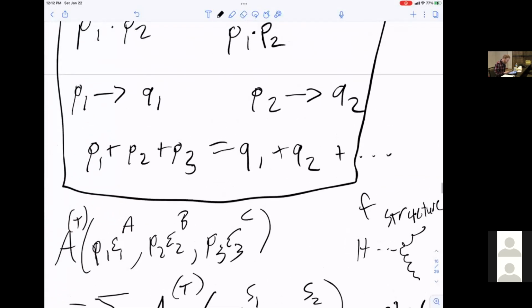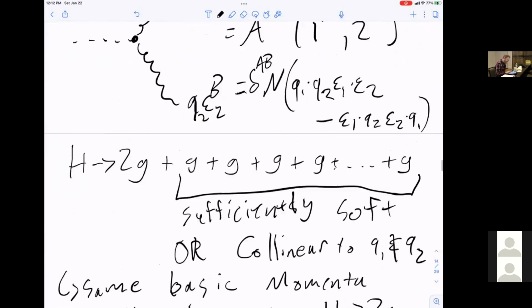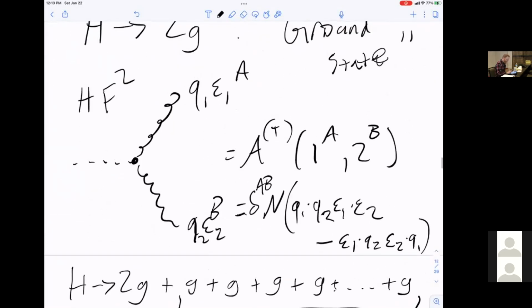Right here, my tree level calculation is going to determine for me what that C is. I'm just going to factor out these epsilon 1, epsilon 2. I'm going to get a G mu nu here. I'm going to get a mu here and a nu there. And that's my C.